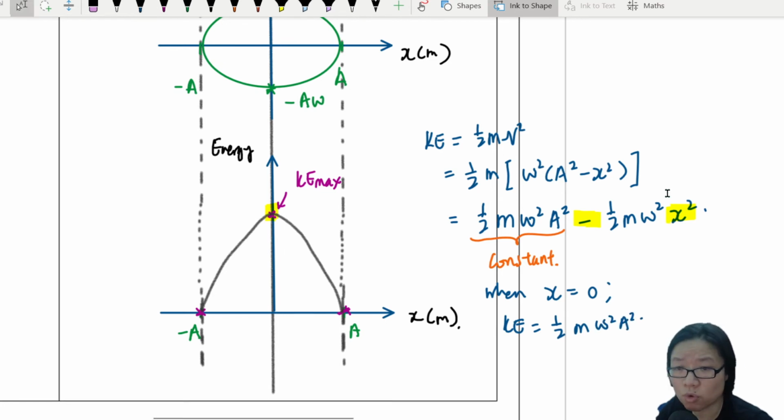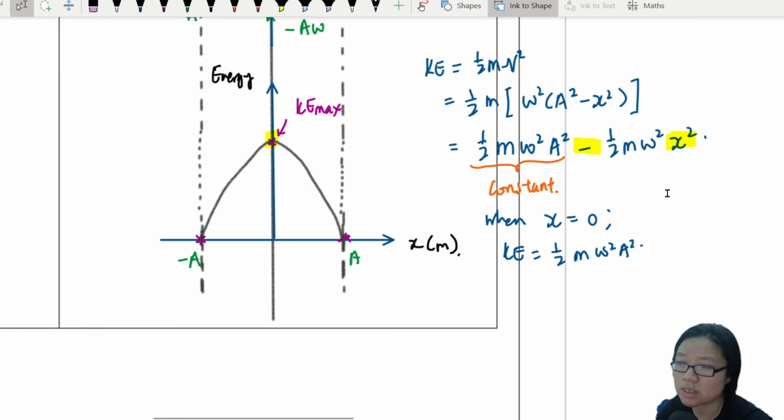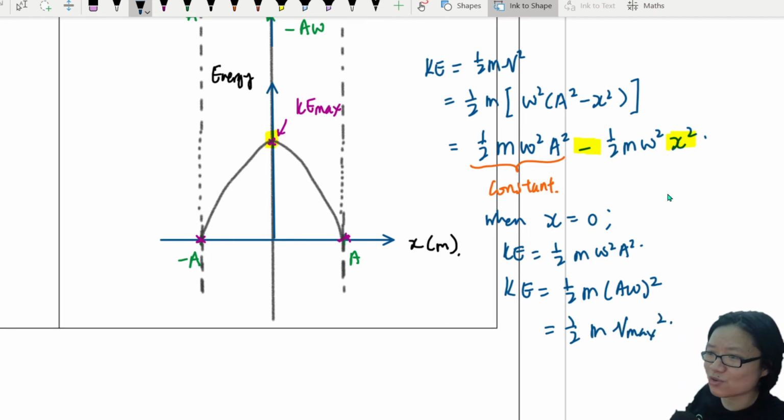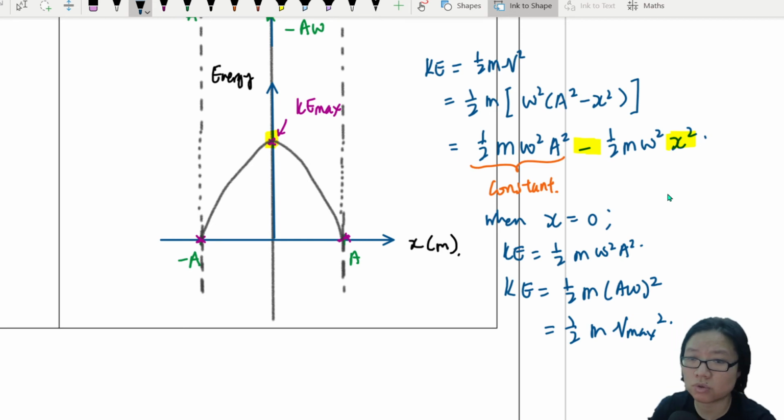And some of you who are a little bit perceptive will notice, teacher, why so complicated? You see, the kinetic energy is half m, but this is a omega square. So this is actually half m maximum velocity square. I don't have to memorize a new equation. You are right, you don't have to. It's the same thing because you already know that the maximum velocity is a omega.